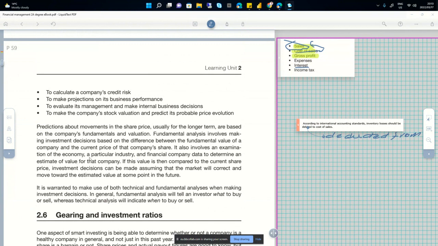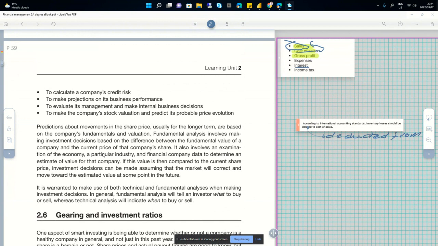There is a difference between the two, because the fundamental analysis will look more at what is fundamental for the business, not the past trend.